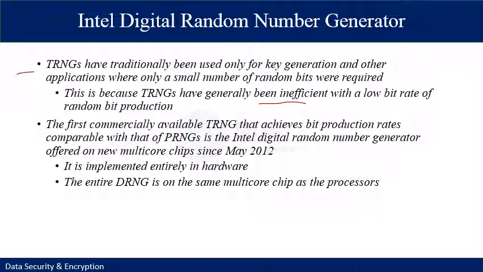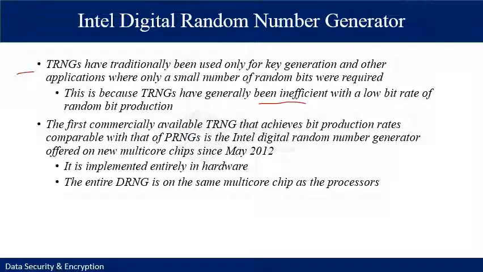So the first commercially available true random number generator that achieves bit production rates comparable with pseudo random number generators is the Intel digital random number generator, offered on new multi-core chips since May 2012, and it has two notable aspects. First of all, it is implemented entirely in hardware.